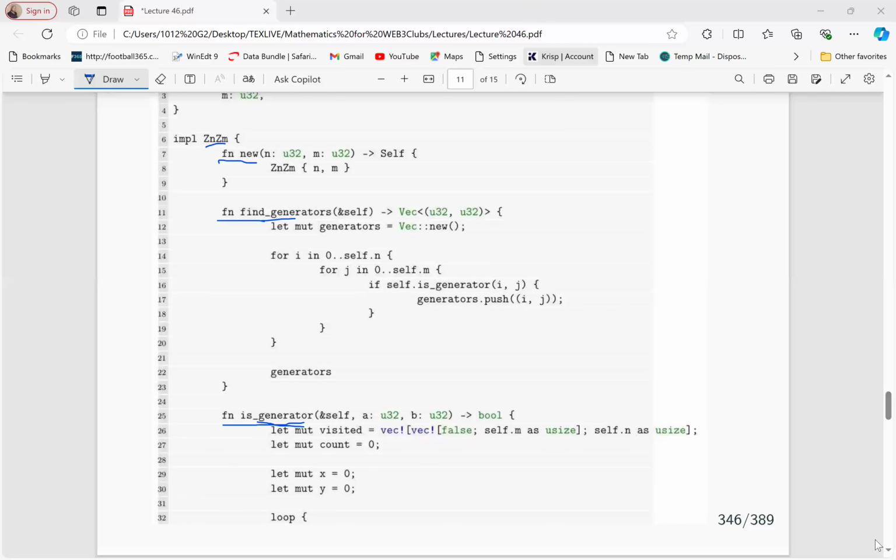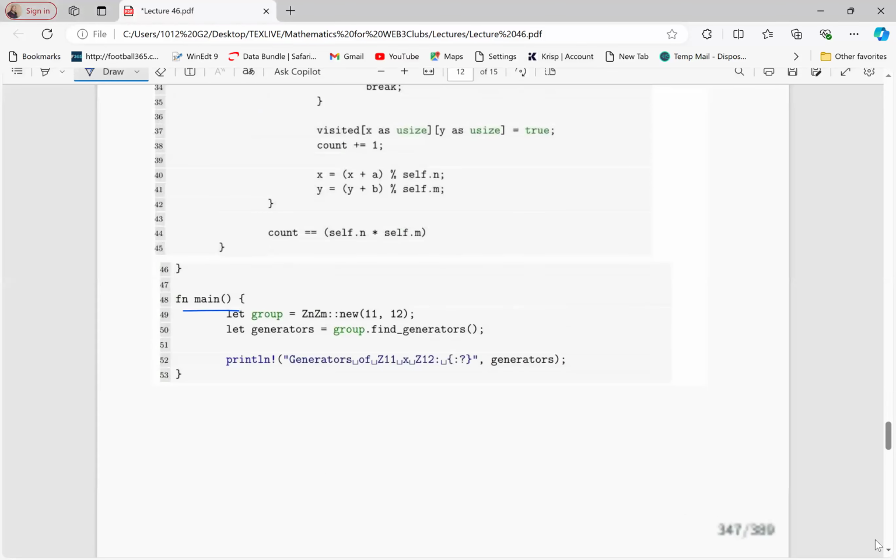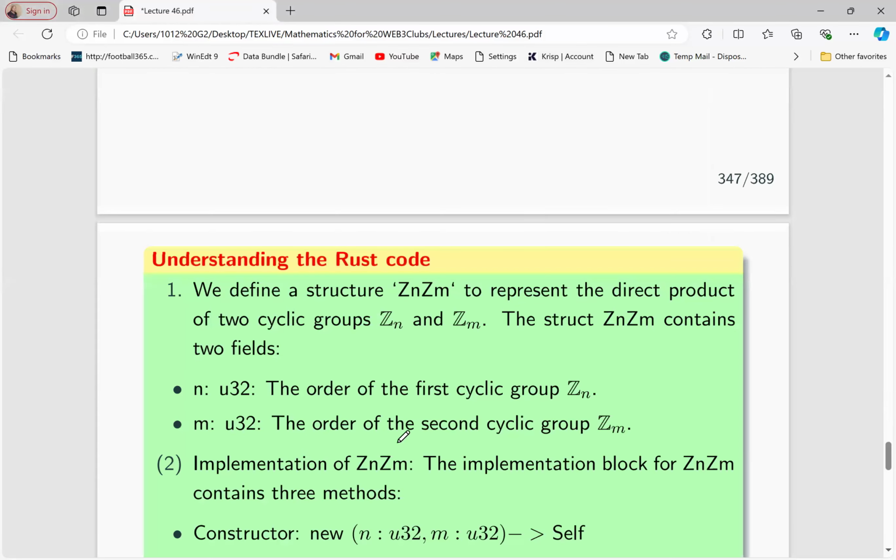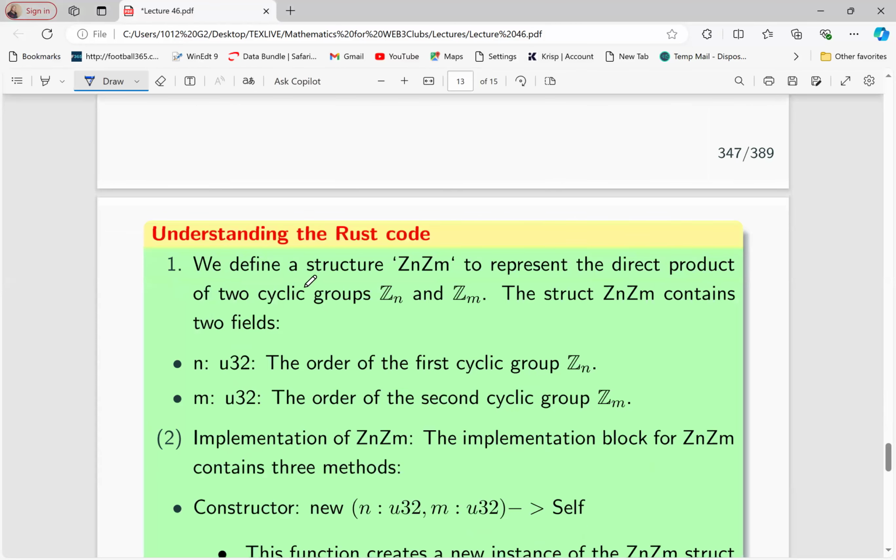Now, very first, let's see how the code works. Of course, I've already explained how it's going to work, those two main functions. Now, the first part, I've said we define the structure Zn, Z11. This represents the direct product.